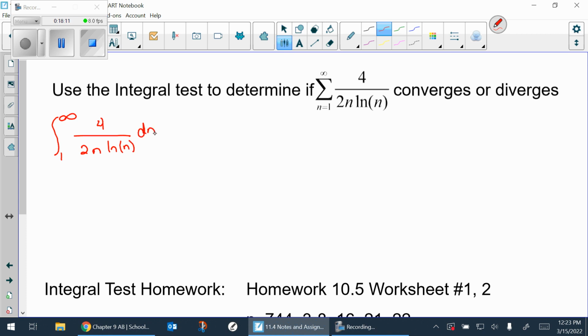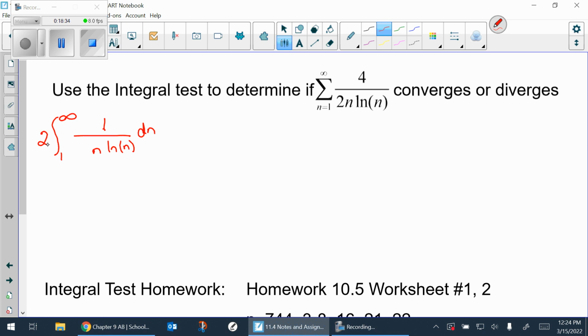And one thing I might be able to do is pull this 4 and this 2 out front. If I pull the 4 over 2 out front, I would be left with a 1 in here. I'd be pulling a 2 out in front. So I'm hoping you're all okay with that.